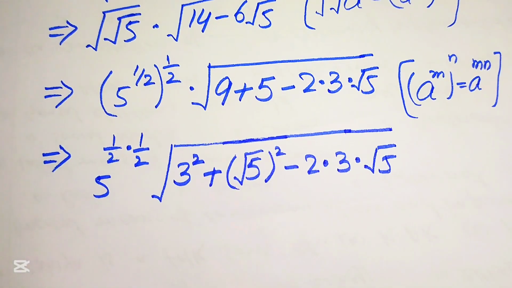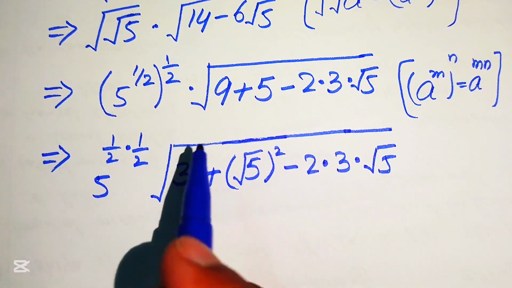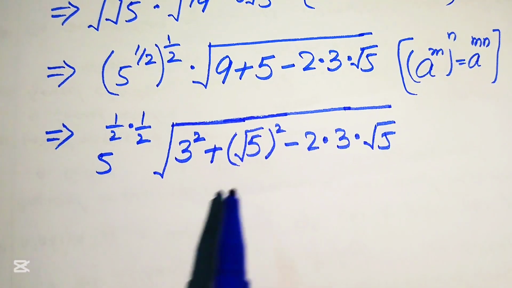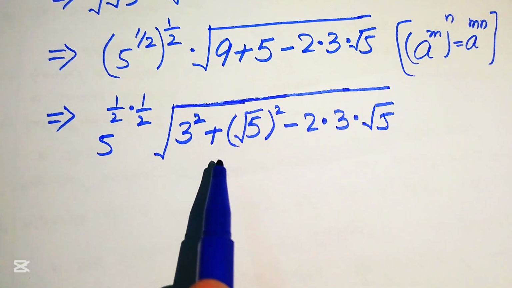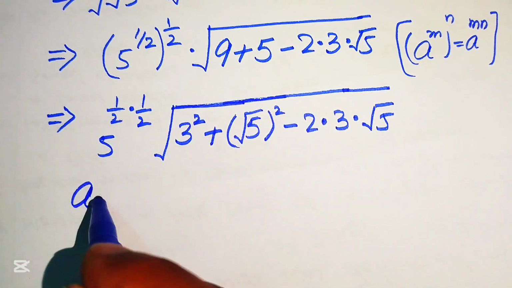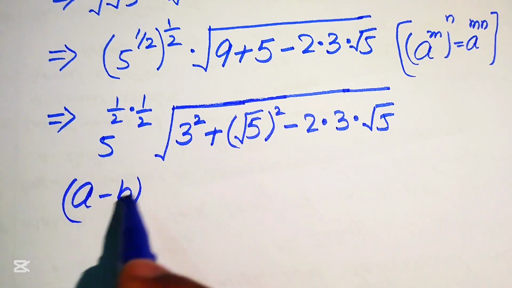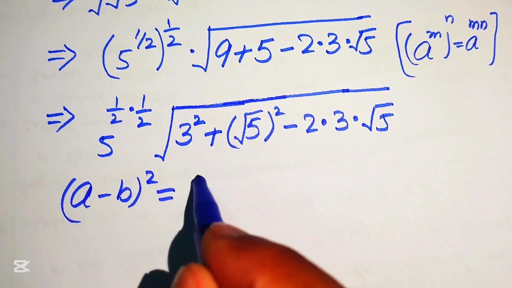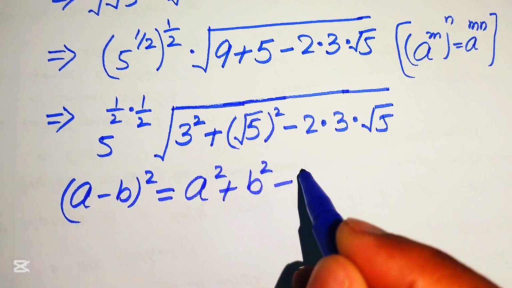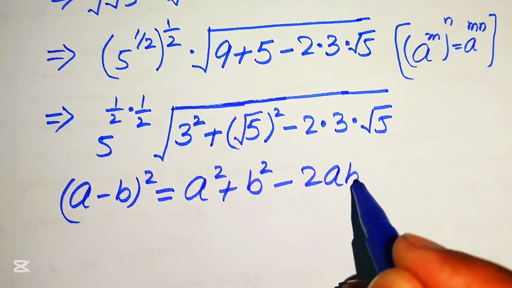So here we need to focus on this term inside the square root sign. This is a nice algebraic formula. You know that if we have (a minus b) whole square, it is equal to a square plus b square minus 2 times ab.